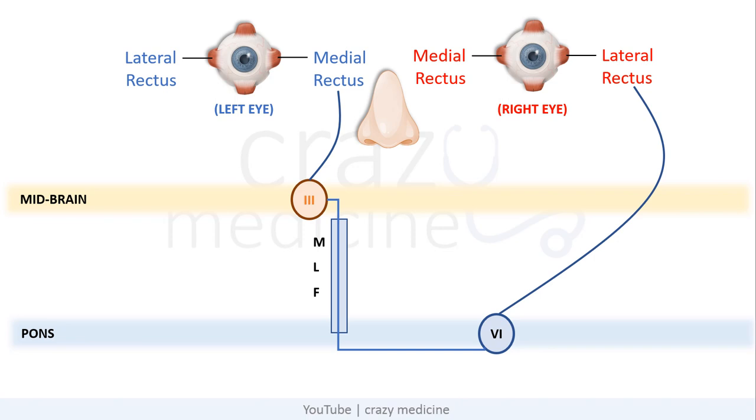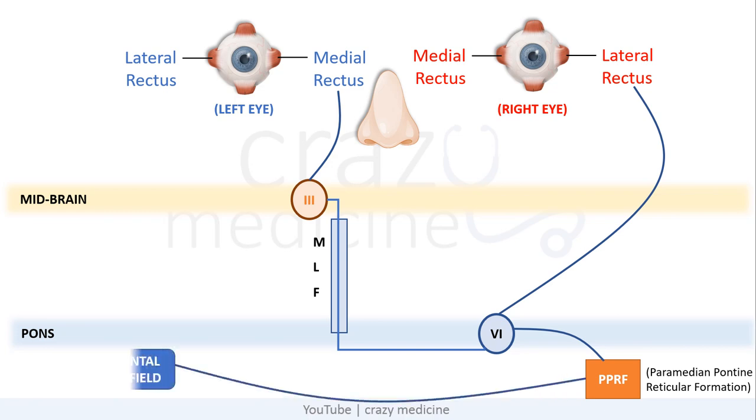Now you may think, from where does the signal come? The 6th nerve gets signals from the PPRF, that is the paramedian pontine reticular formation, which receives signal from the contralateral frontal eye field. Let me repeat it. If a signal comes for looking at the right, the left frontal eye field will send the signal to the right PPRF, which will send a signal to the right 6th nerve nucleus, and the 6th nerve will stimulate the lateral rectus of the right side to look right, that is abduction.